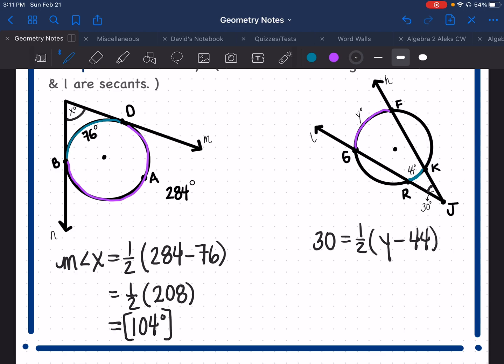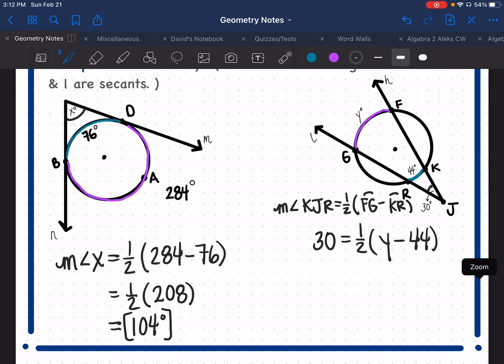My theorem for this one would say the measure of angle KJR equals half of FG minus KR. That would be our theorem if we were looking at it.